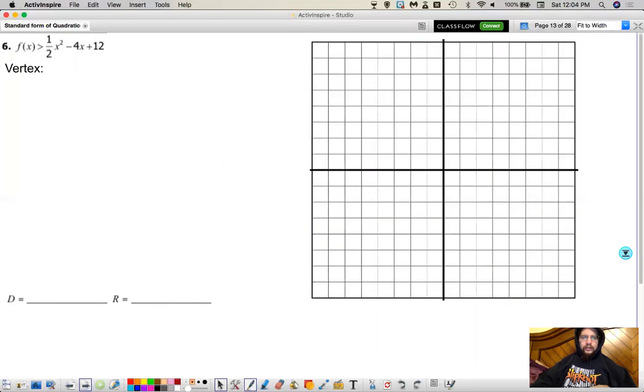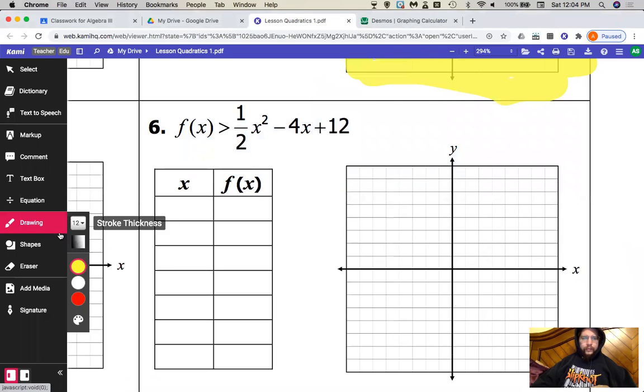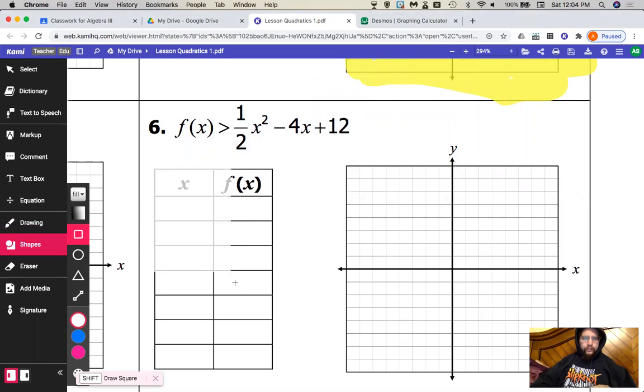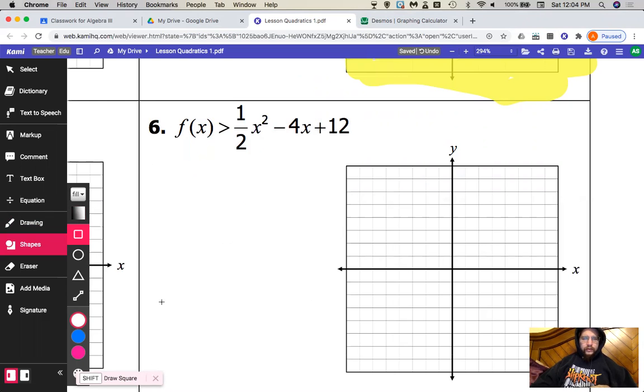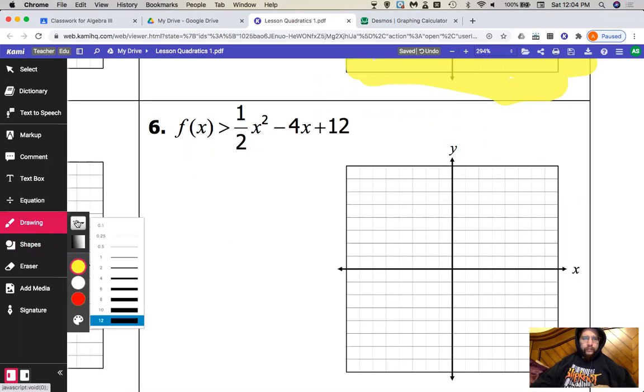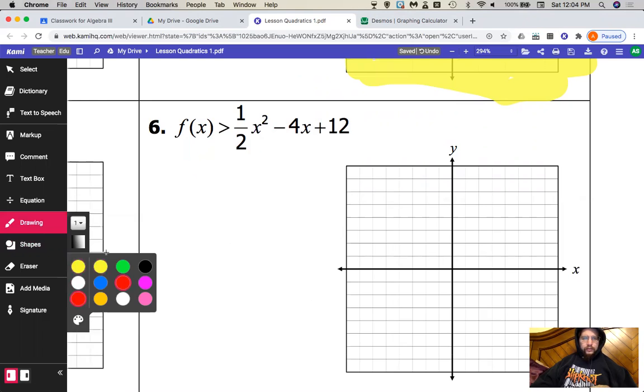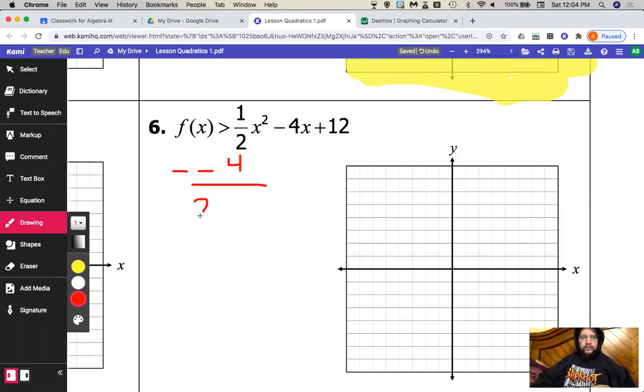6 is also what I'm looking at. Okay, let's look at this one. So negative b over 2a.